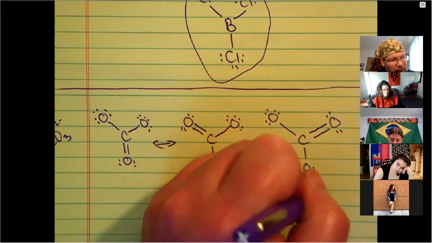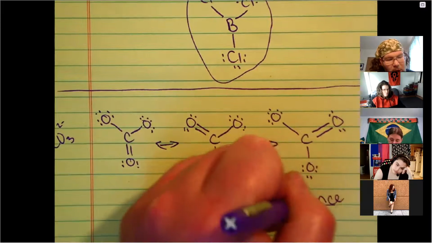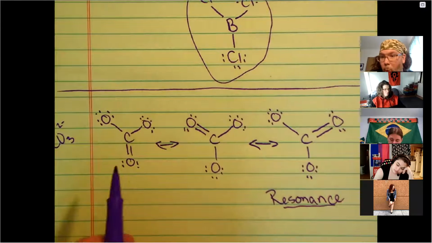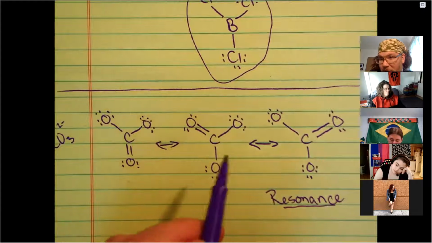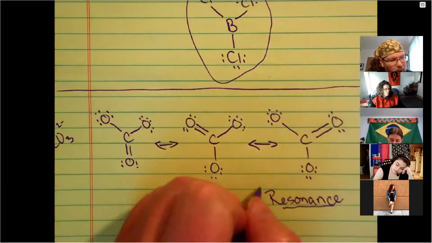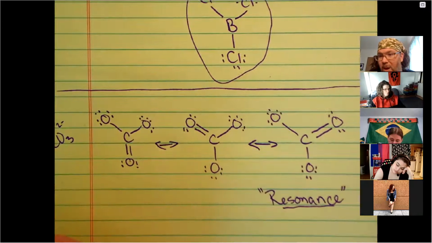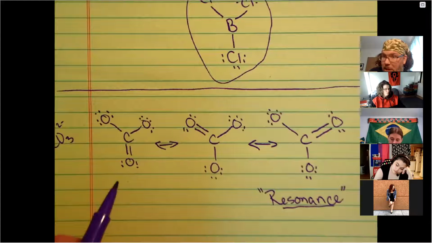So carbonate and lots of other molecules where we can draw more than one way of sharing the electrons have this thing called resonance. And what that means is that electrons are being shared over more than one bond location all at the same time.